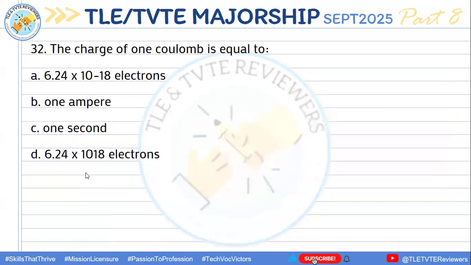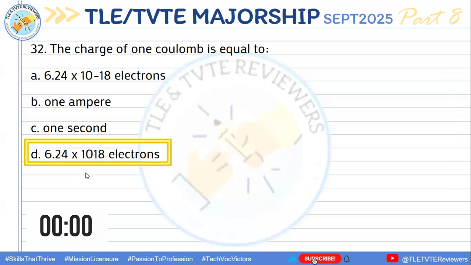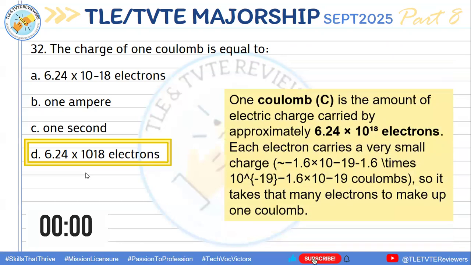Number 32, the charge of one coulomb is equal to A 6.24 by 10 negative 18 electrons, B 1 ampere, C 1 second, D 6.24 by 10 to the 18 electrons. Answer letter D, 6.24 by 10 to the 18 electrons.